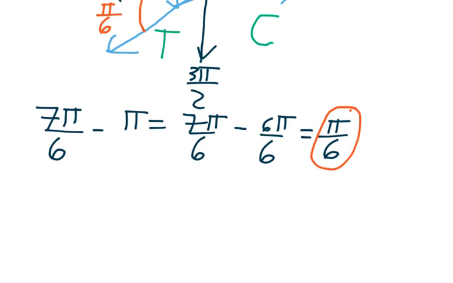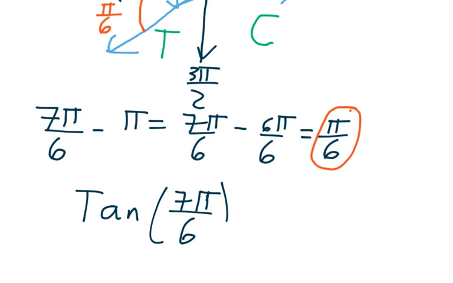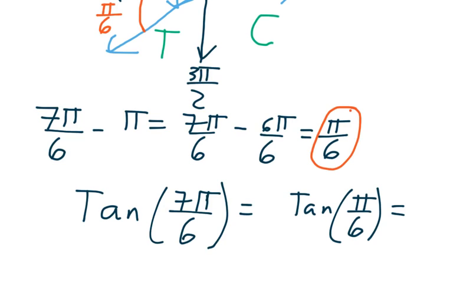So this tells us that tangent of 7 pi over 6 is just tangent of pi over 6, and we already know that tangent of pi over 6 is radical 3 over 3. So it's just another way to calculate tangent here, without using the fact that tangent is pi periodic. We're using reference angles here.